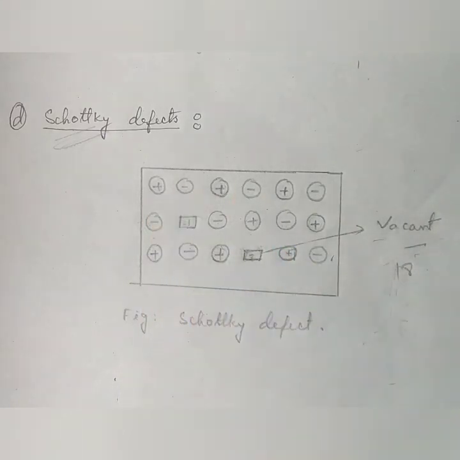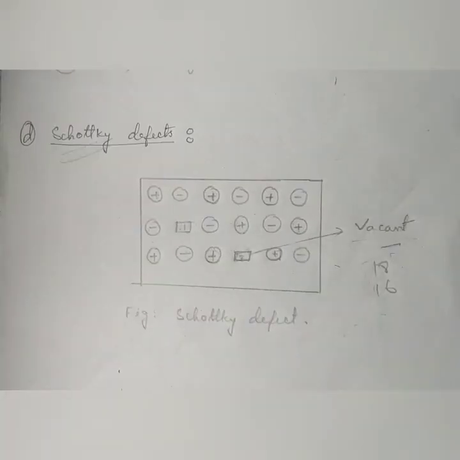So now the total number of positive and negative charges will be 16. That means it decreases, so the density of this solid decreases. To show Schottky defect, the size of the cation and anion should be comparable. That means they should have almost equal size.